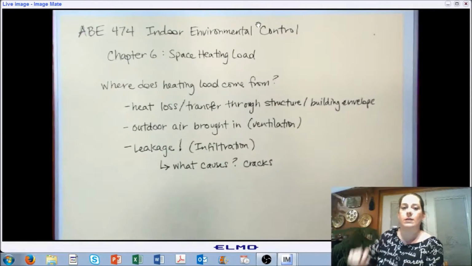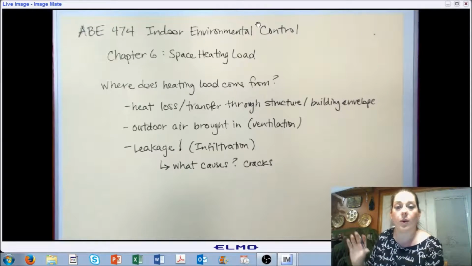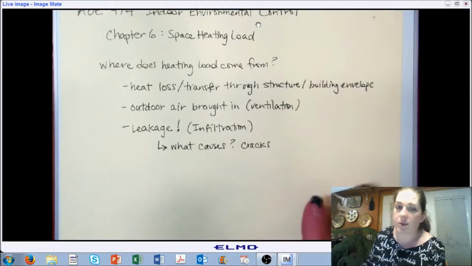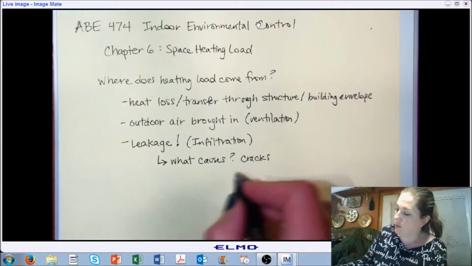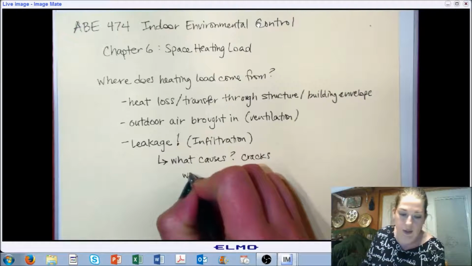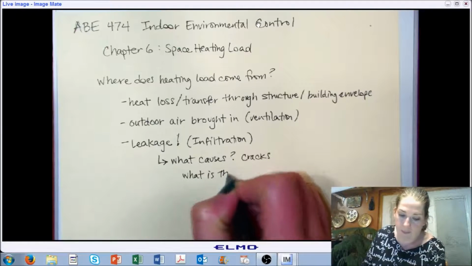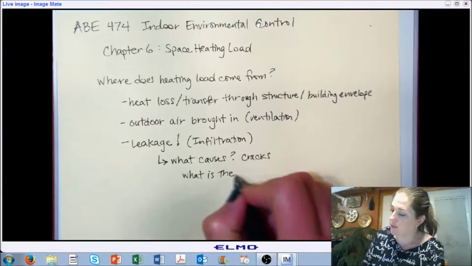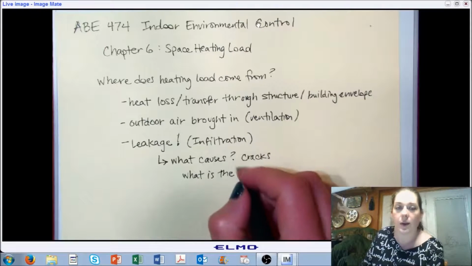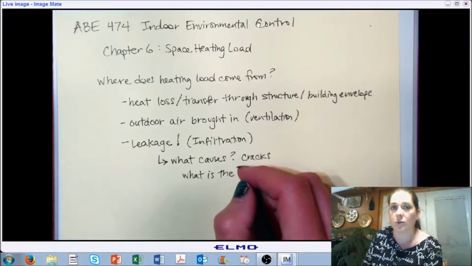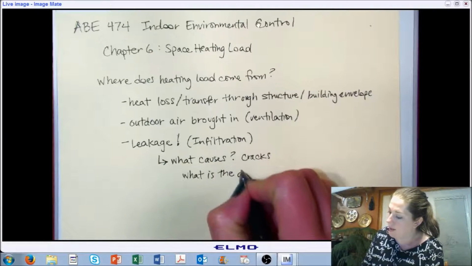Those allow for air to pass through them, but you need a driving force for that. So the cracks allow for the movement, but you need the driving force, which in our case has to do with differences in pressure. That's what causes air to move from one place to another, some driving force, a difference in pressure.